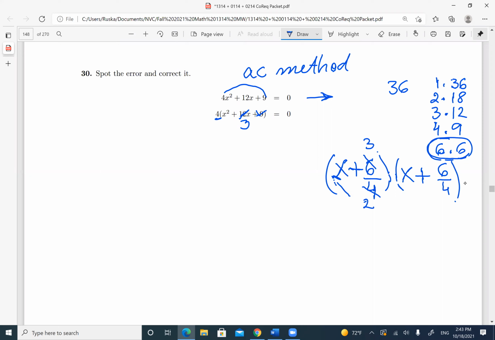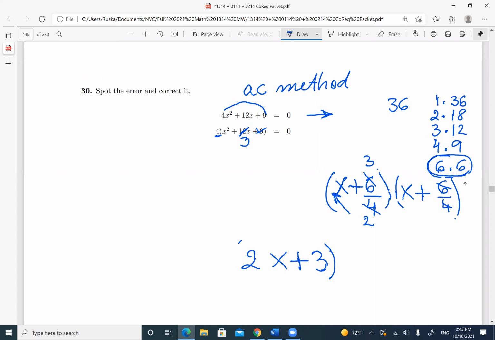And this 2 is going to go in front. The same way here, 3 and 2. Obviously, you're going to have the same factors. So it's going to be 2x, you put the 2 in front, plus 3. And you can write the square like this. Instead of writing 2x plus 3 times 2x plus 3, you can just write it squared. Square means multiply it by itself. Okay? So this is how you have to factor properly.